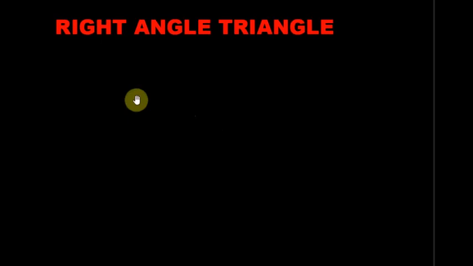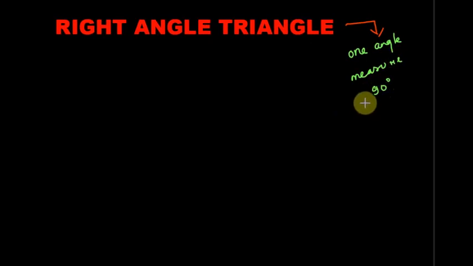Do you remember what the main feature of a right angle triangle is? How can we identify a triangle as a right angle triangle? The main feature is that out of three angles, we know that a triangle has three angles, that's why the name itself is triangle, one angle measures 90 degrees.